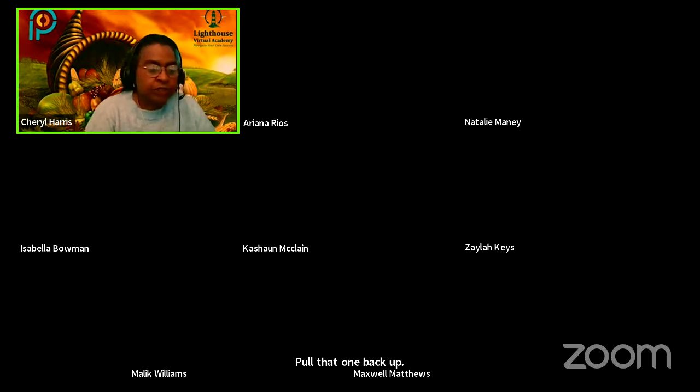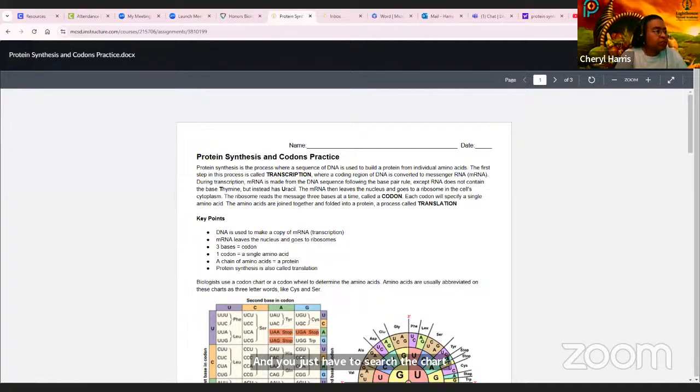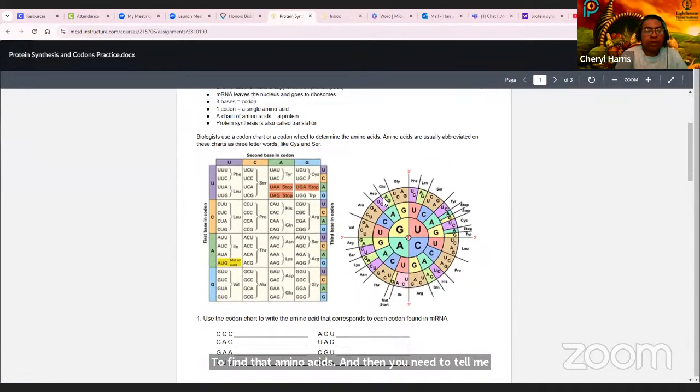Question 2 is giving you the name of the amino acid, and you just have to search the chart to find that amino acid, and then you need to tell me what's in the box. All right, so for the first one, it said proline. I look on the chart and I see proline is in the second row, second box. And all 4 of those triplet codes code for proline. So on that line, I want to write all 4 of those.